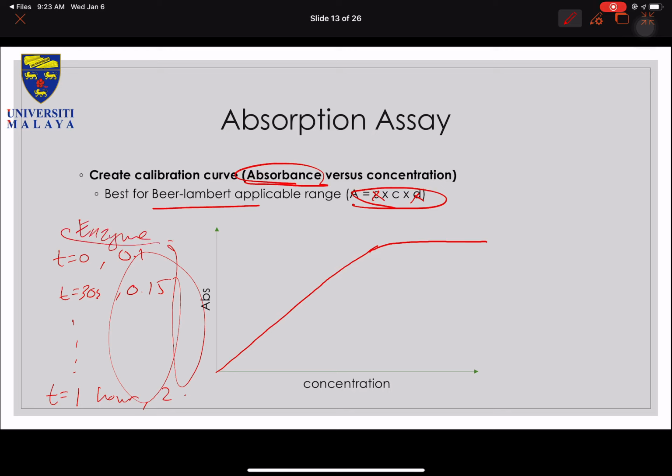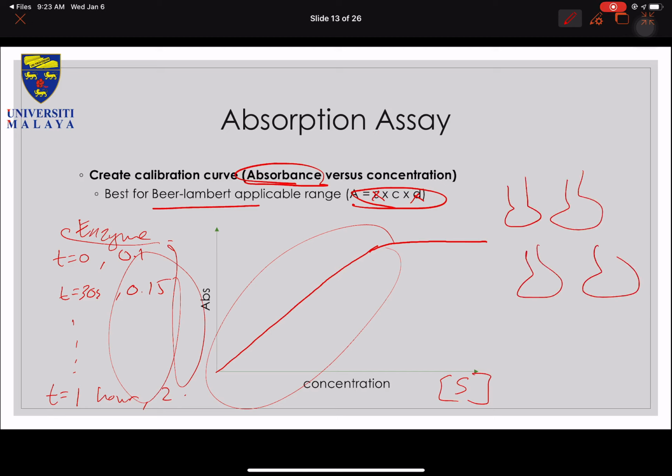So once you have this data, this is when you do your enzyme assay. That one is just a calibration curve, meaning that if you were to measure your substrate concentration, you will prepare a substrate at a known concentration, as I mentioned, 0.2, 0.4. This is again an example.